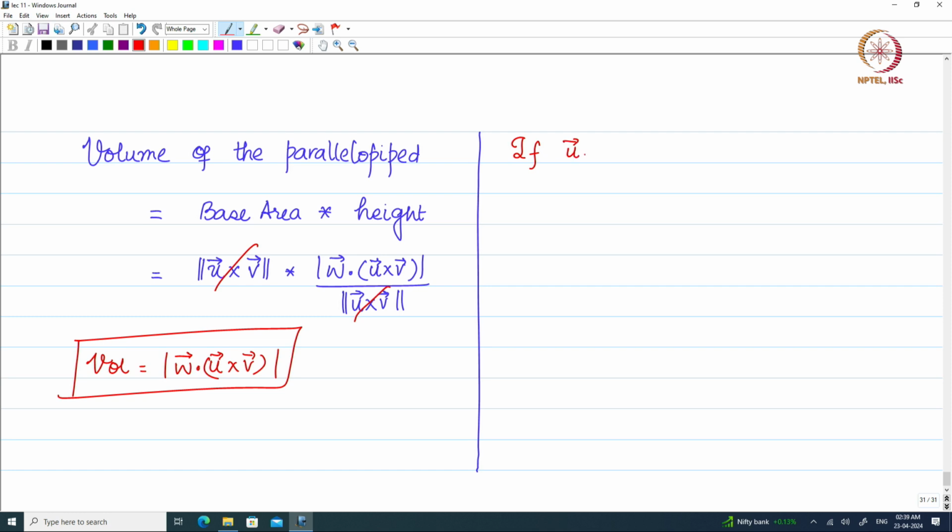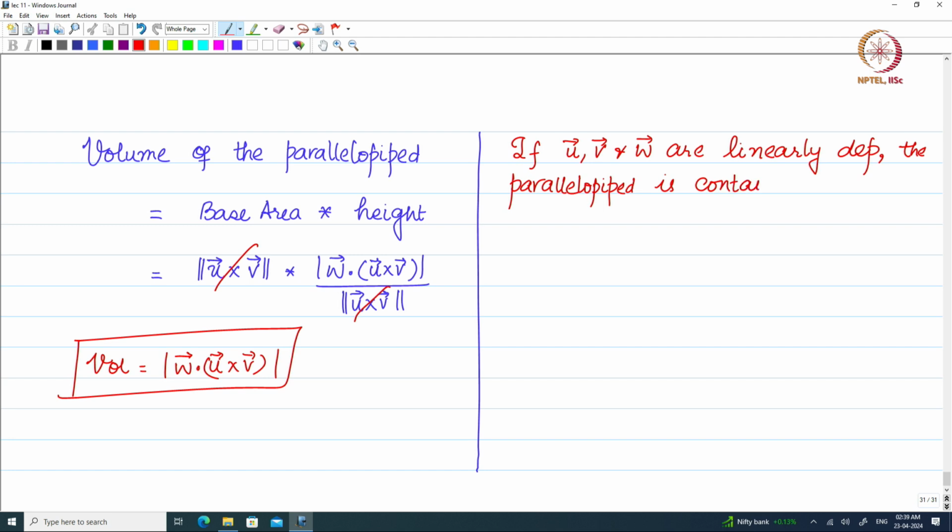Therefore, we see that if u, v, w are linearly dependent, then the parallelepiped is contained in the plane and hence the volume is 0.